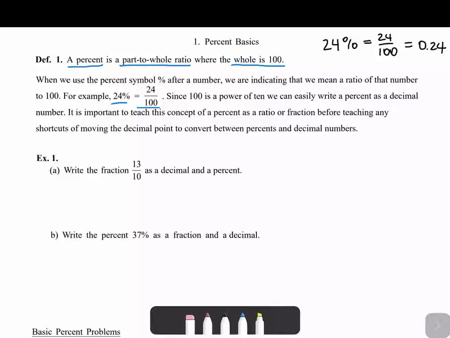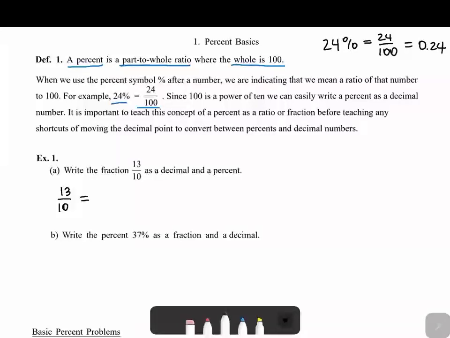Again, this is something that I expect that you've seen before, so we'll just go through a couple quick examples. We want to write the fraction 13 over 10 as a decimal and a percent. If we're converting a fraction to a percent, remember a percent is a part to whole ratio where the whole is 100, which just means a fraction where the denominator is 100.